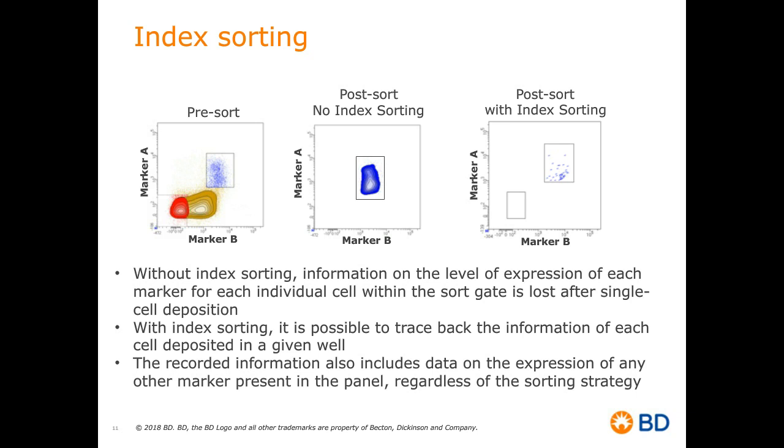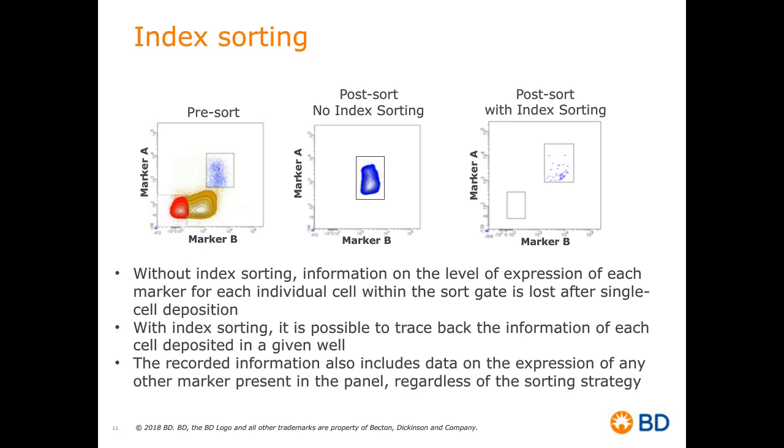downstream gene expression analysis. However, if we identify a subset or a cluster of cells with a specific gene expression profile, we will not be able to retrieve information at the protein level and see, for example, if there was a correlation with the level expression of marker A, that, as you can appreciate here, can be expressed at a high or low level.